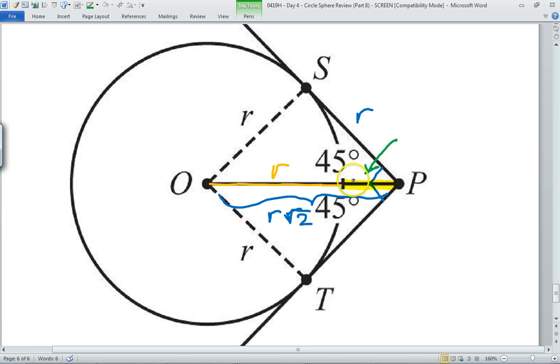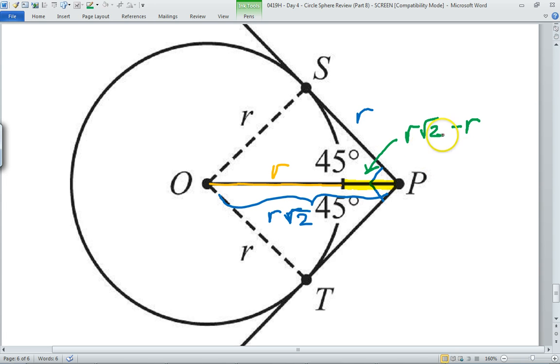So an expression for this highlighted part should be the whole thing, r radical 2, minus the part, r, and that should give me an expression for the missing other piece. So that's the best we can do with that. There's no real combining of like terms per se.